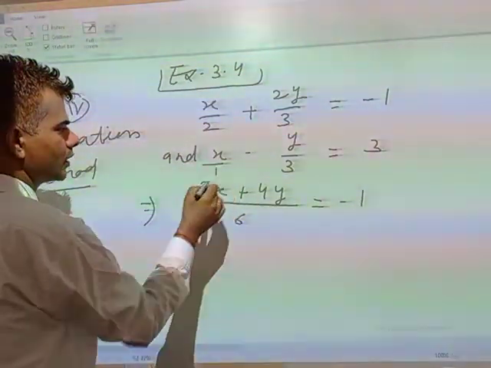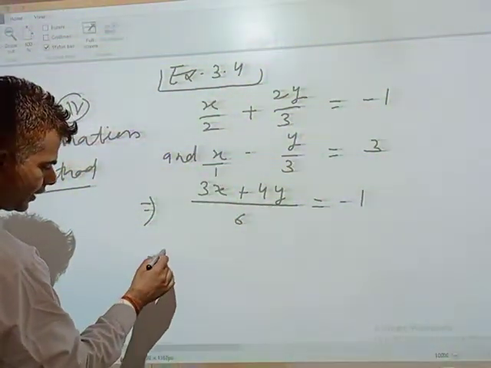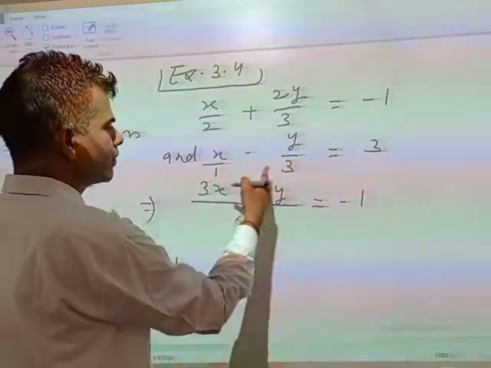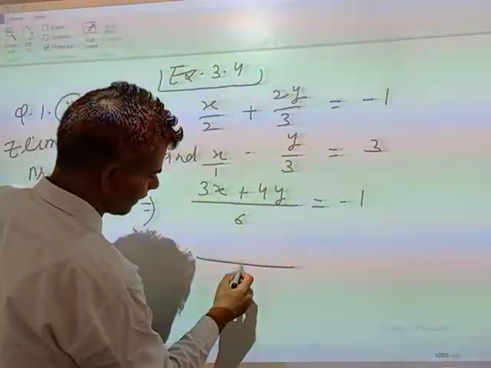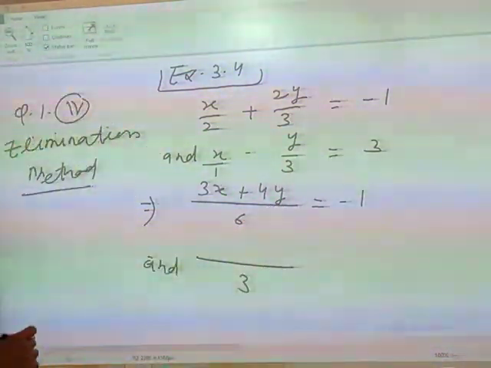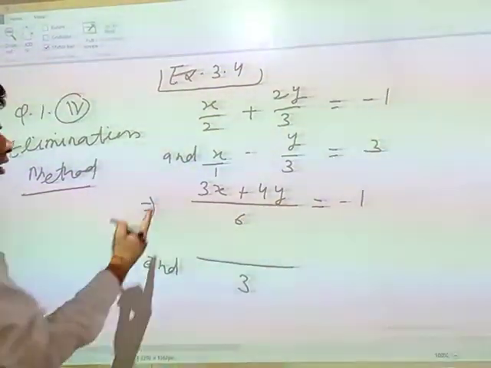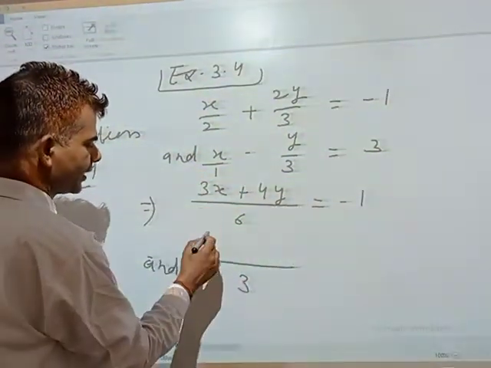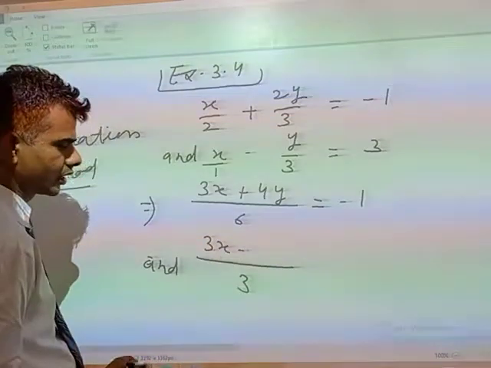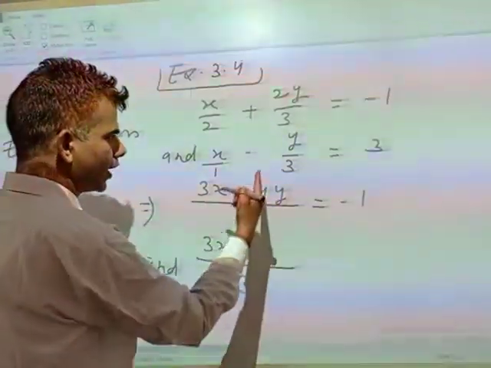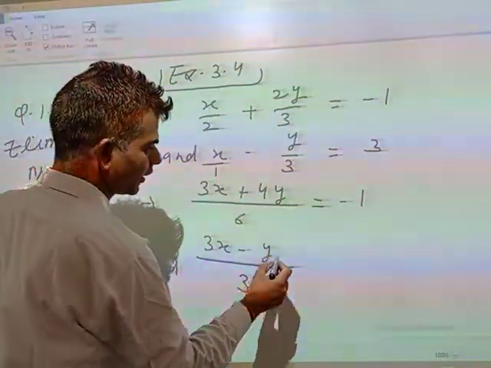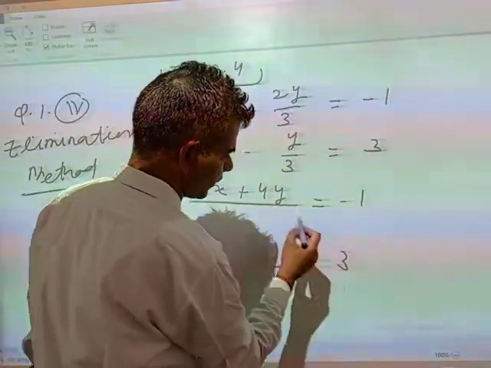Now the LCM of 1 and 3 is 3. 1 3s are 3, that is 3x minus 3 1s are 3, 1 into y, that is equal to 3.